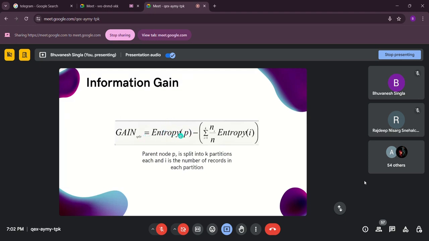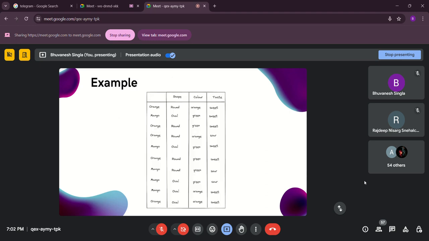So let's say the parent was very much impure, and the children, whatever split you've created, are pure. This represents an ideal scenario where the information gain is going to be high. The parent is impure, so it has a high value, whereas the entropy or impurity in the splits is less because you created pure splits. So in this case, the information gain will be high, and therefore this would be a more ideal split to make.